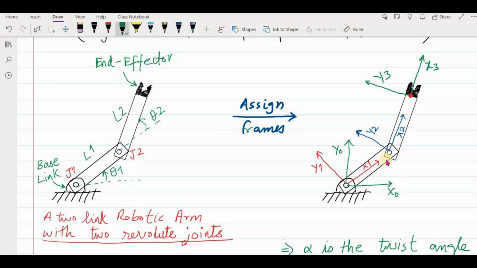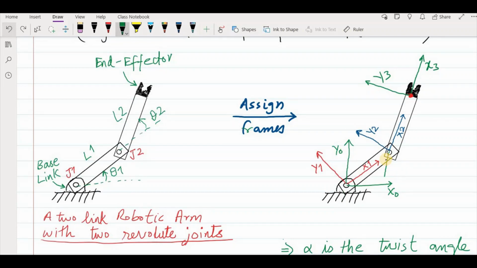There is no angle between them. If I draw them, it will be something like this. They both are parallel, the z-axes, zi and zi minus 1. That is why the angle between them, which is the twist angle, will be 0.